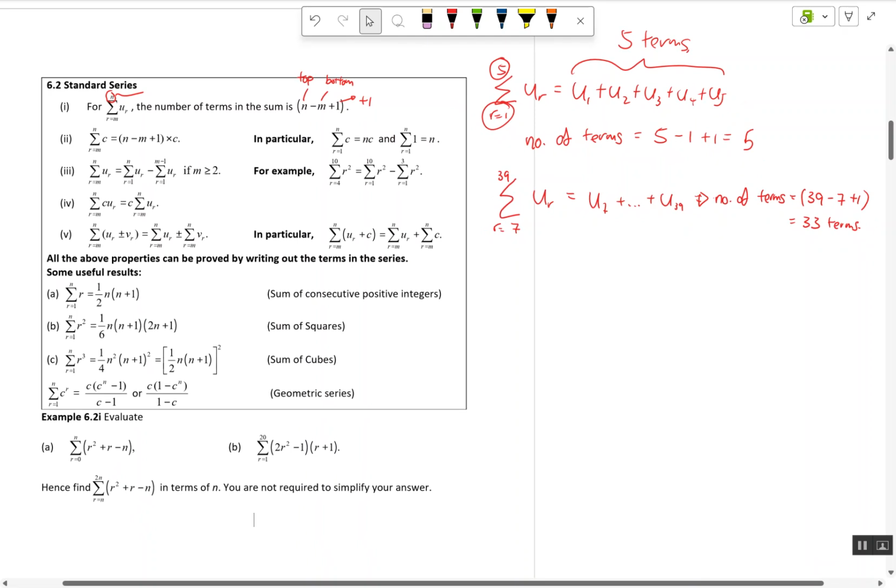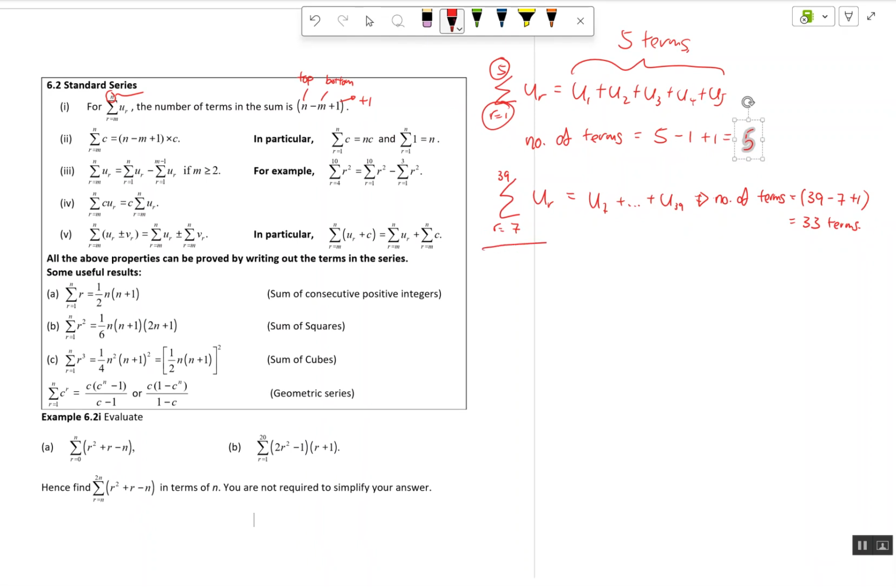So top minus bottom plus 1 is an easy way of calculating how many terms there are. Then if you look at number 2, that talks about the sum of C. What is C? C is a constant. The sum of C is just the number of terms multiplied by C. What does this mean? Let's say I want the sum from r equals 1 to 5 of a certain value, let's say 2.